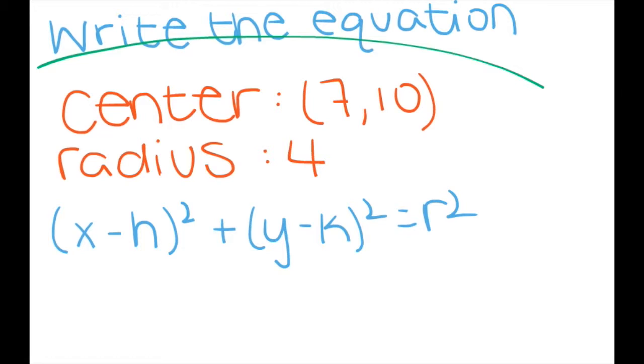So the first problem we're going to do is this one, where the center is at (7, 10) and the radius is 4. And all we're going to do is plug these numbers into the equation. So the 7 goes into h, the 10 goes into k, and the 4 goes into the r.